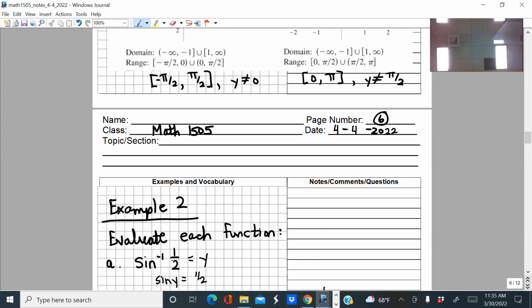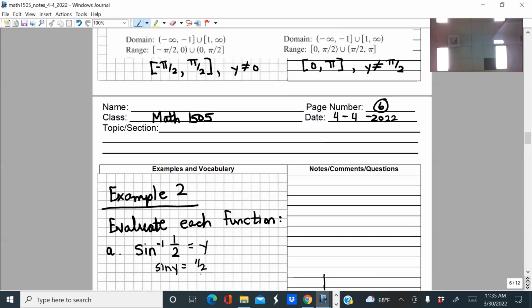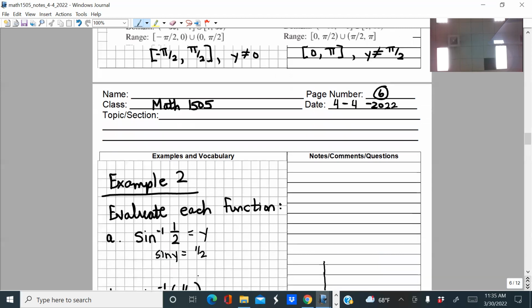So if arc sine of 1/2 is y, that means sine of y is equal to 1/2. Now, how does that help you? Well, you're pretty good with the sine function, so I bet you can figure this out. What angle has sine 1/2? Just think about it for a moment. What angle has sine 1/2?